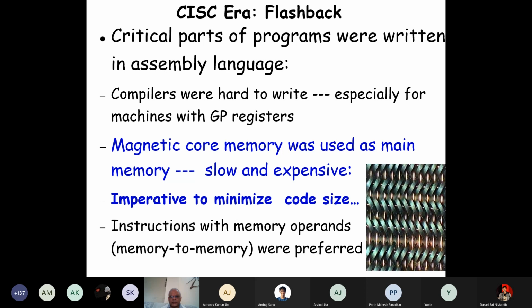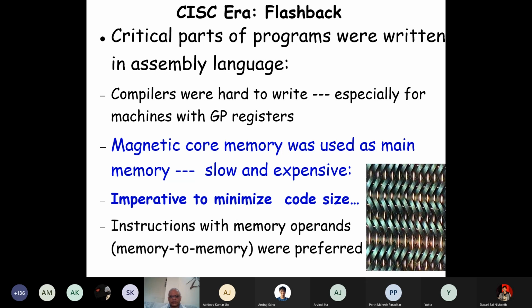It was a large rectangular piece of memory, where each of these elements stored a bit actually. These are magnetic elements, and there were ways to magnetize them in different magnetic orientations, and based on that the bits were encoded, whether it is 0 or 1.